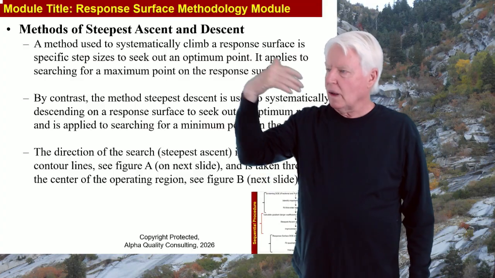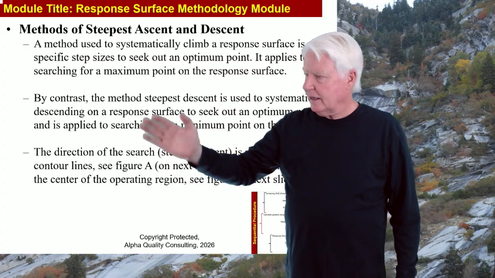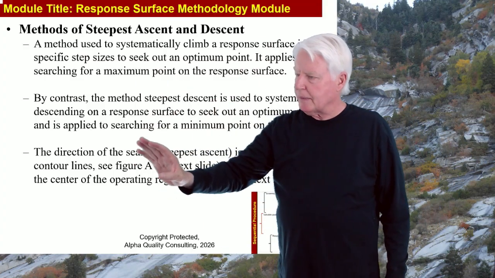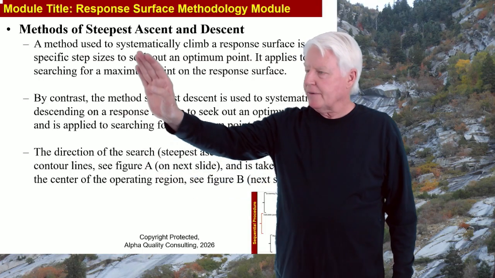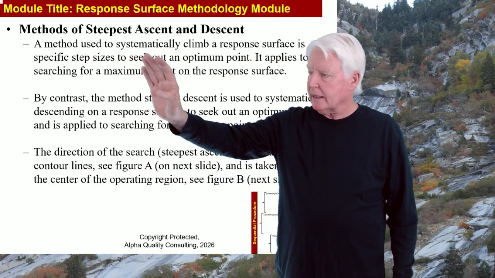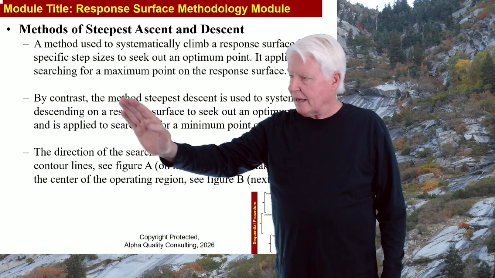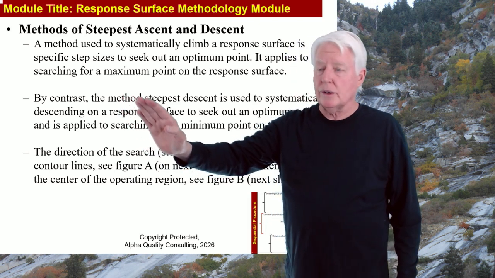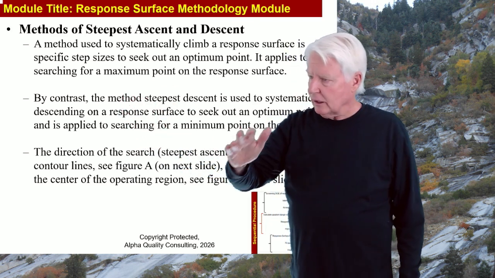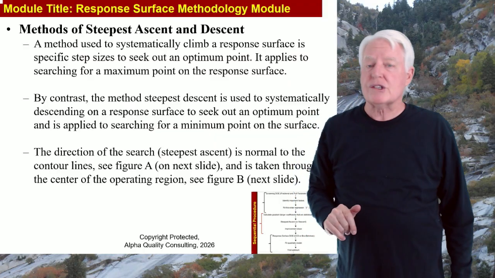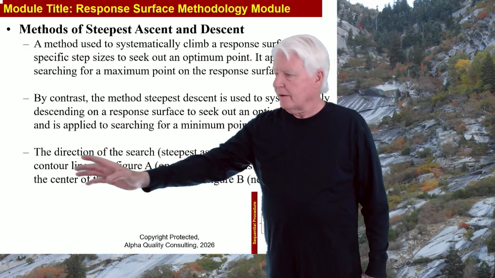Okay, so you're climbing or you're descending. You can choose whichever one. If you're trying to minimize something, you go with this one. If it's for yield, you want to maximize. Standard deviation is one where you want to go through the descent and find the lowest point. Where is the lowest standard deviation found, for example?